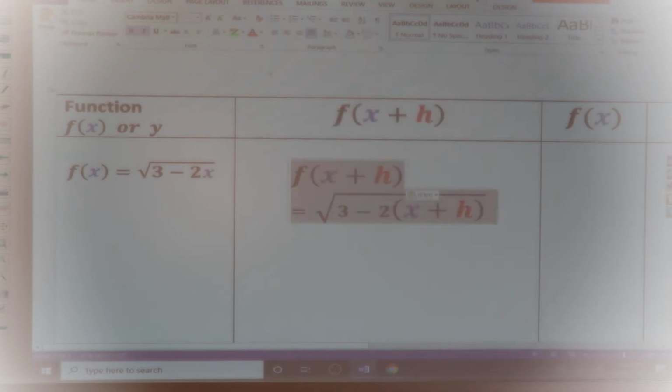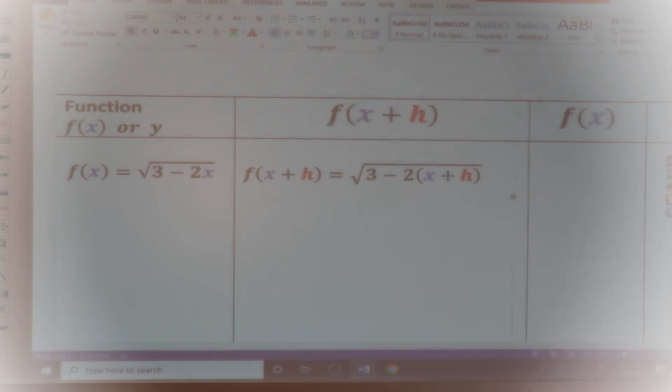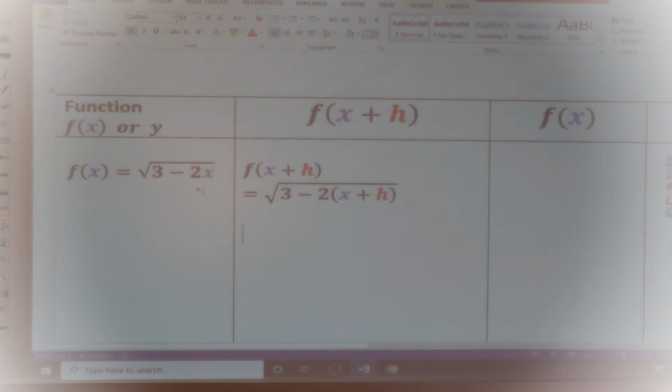Let me just make it smaller. I don't need it that big. f of x is the same, and I'm going to make it size 12 as well.